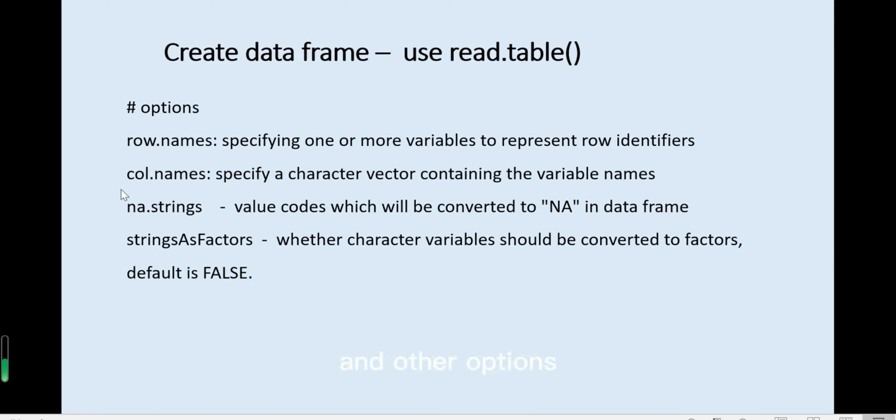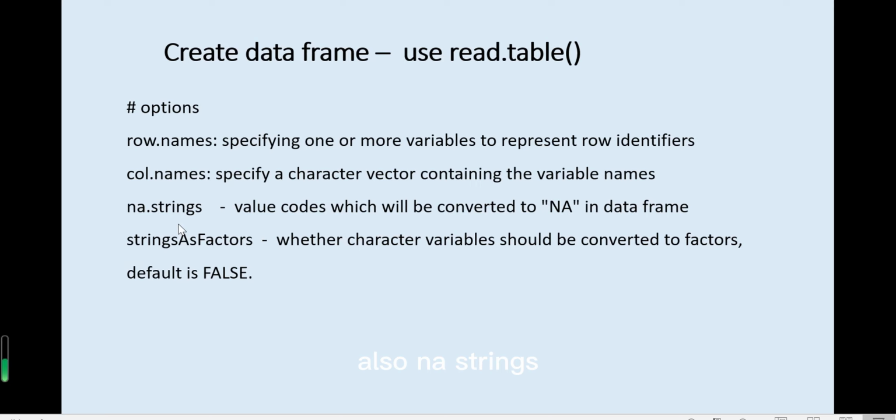Another option is row.names, which can specify one or more variables in the original file to represent row identifiers in the data frame object. Also, col.names can specify a character vector containing the variable names in the resulting data frame.